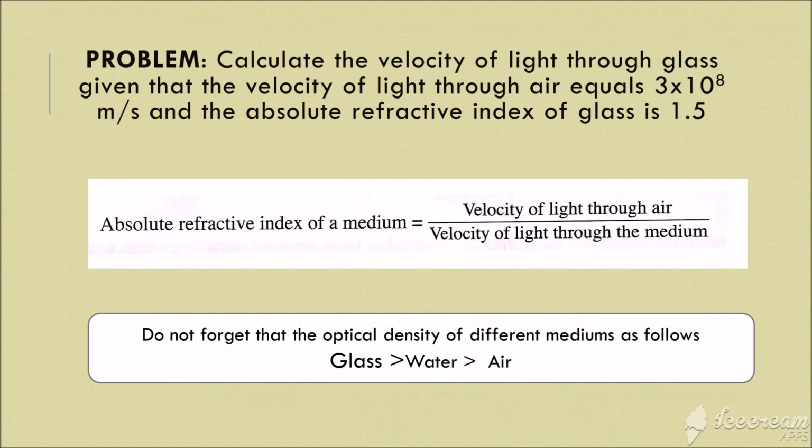Do not forget that the optical density of different mediums follows: glass bigger than water, bigger than air. So, velocity of light through glass equals 3 times 10^8 over 1.5, which equals 2 times 10^8 meters per second.